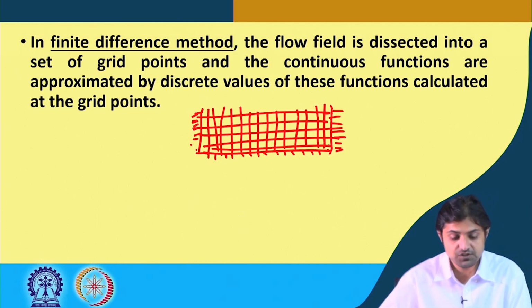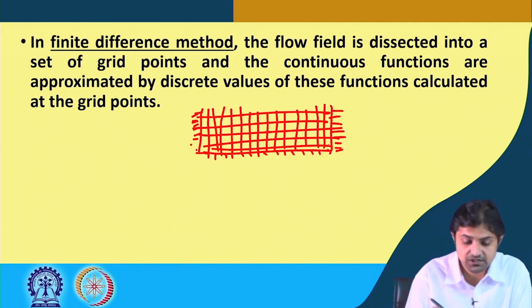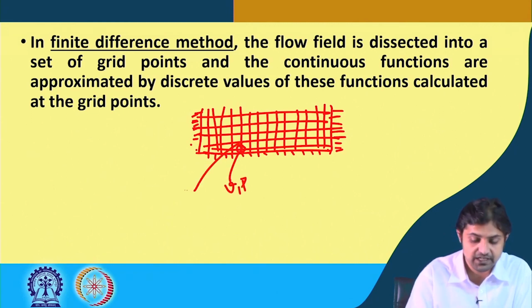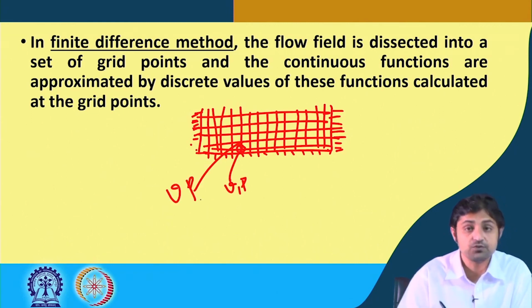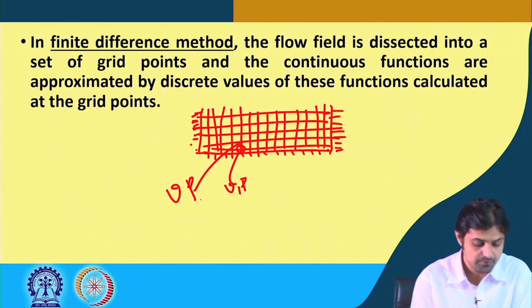And the continuous functions are approximated by discrete values of these functions. So, what we do is calculate the value. Suppose the velocity and pressure, we will calculate at this point, and at this point, using our conversion of the partial differential equation to the algebraic equation.